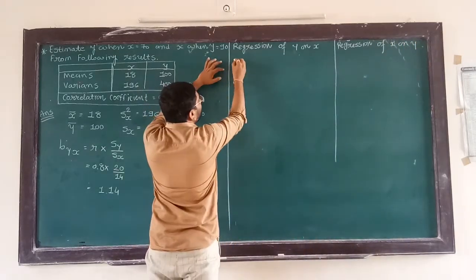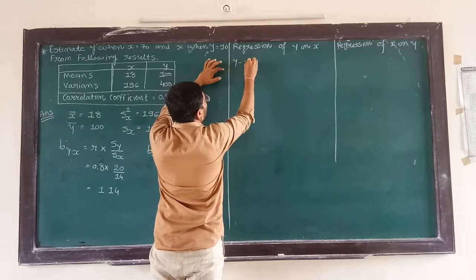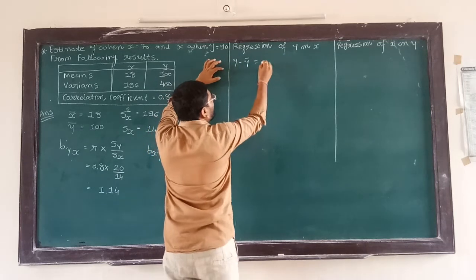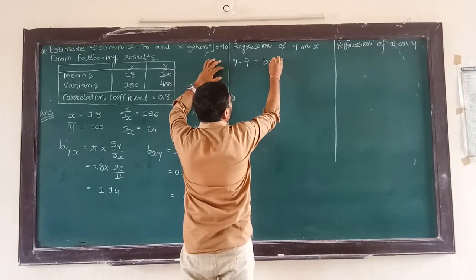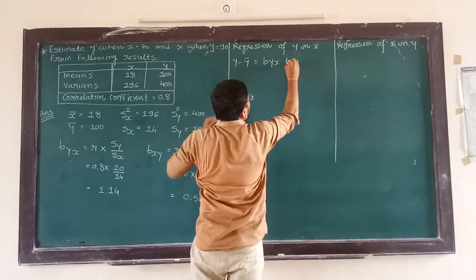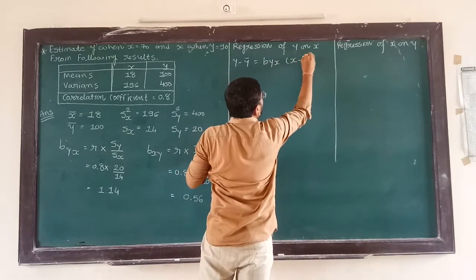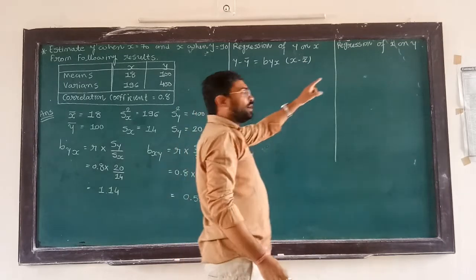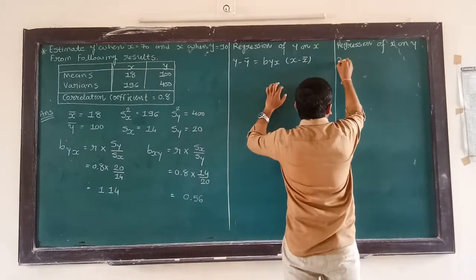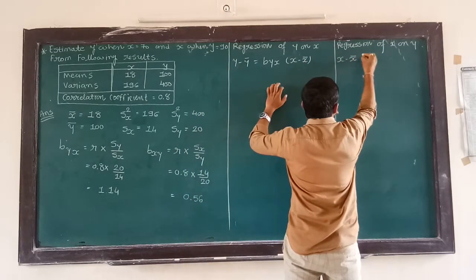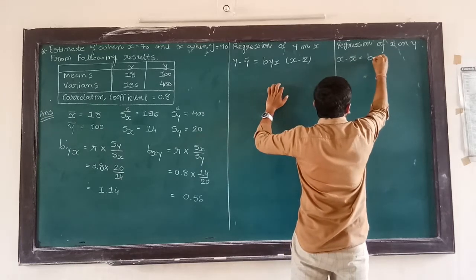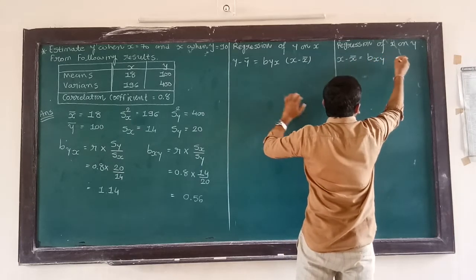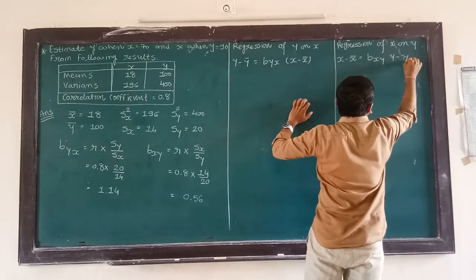Here, y minus y bar is equal to byx times x minus x bar. The other line is x minus x bar is equal to bxy times y minus y bar.